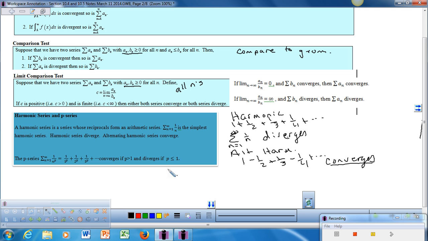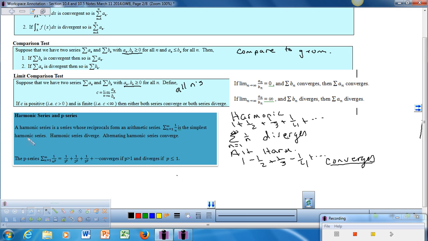We can prove that with the alternating series test, which we'll show a little later. So if you have a series and it is one of these, the harmonic or the alternating harmonic, or what we're about to discuss, the p-series, you can just say it converges or diverges because it is one of those.